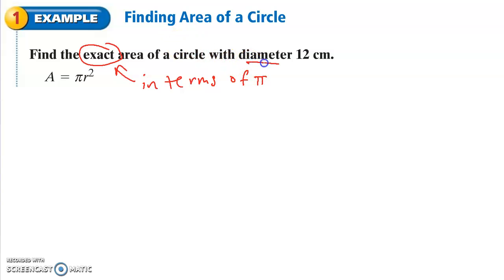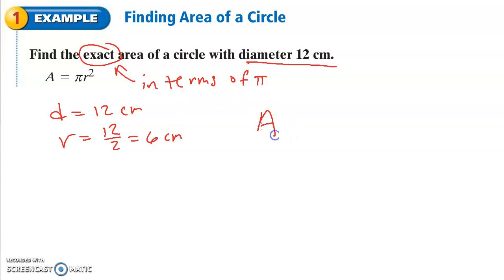Next thing I want you to know is that they give us a diameter. We just learned that the area of a circle is equal to pi times radius squared. But we have a diameter of 12 centimeters. If you guys remember, the diameter is the distance all the way across, and the radius is halfway across the circle. So the radius is just going to be 12 divided by 2, which is 6 centimeters.